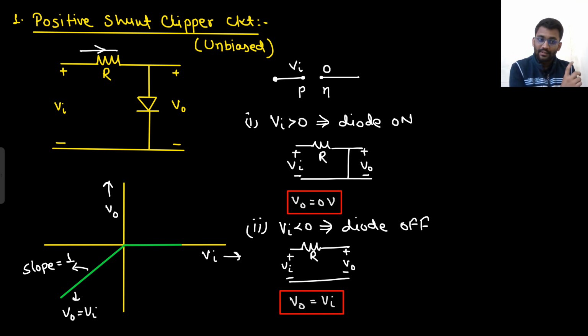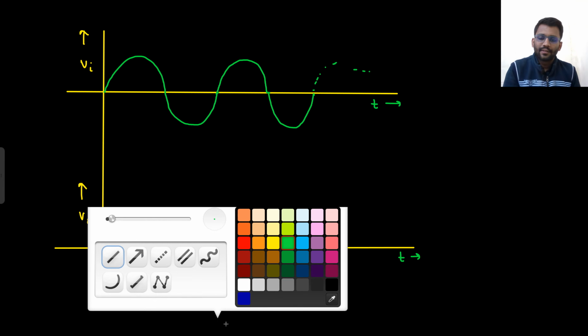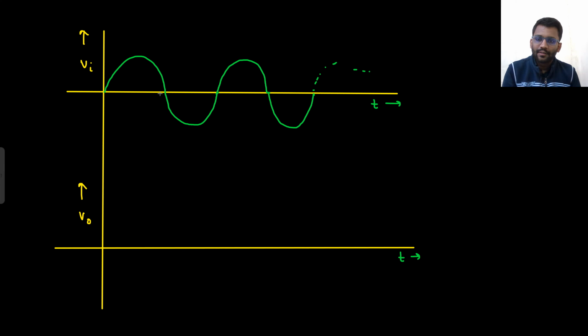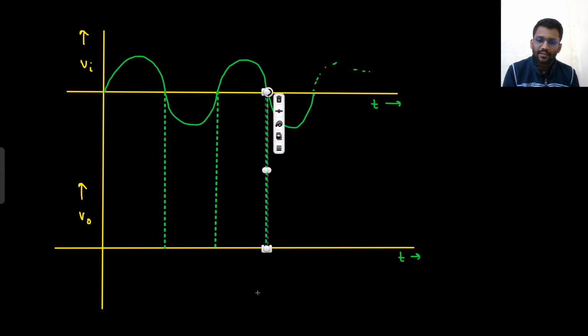Okay, let's see it in the graph. So for values greater than 0, it will be 0. And for values less than 0, it will be the same. So this is our shunt clipper circuit. Well and good, very easy.